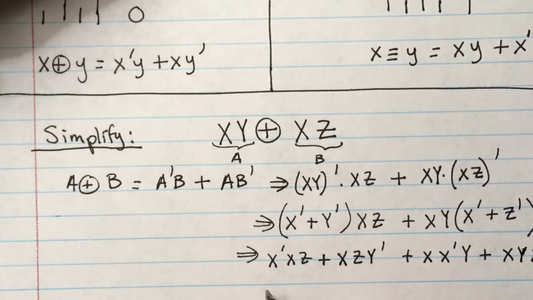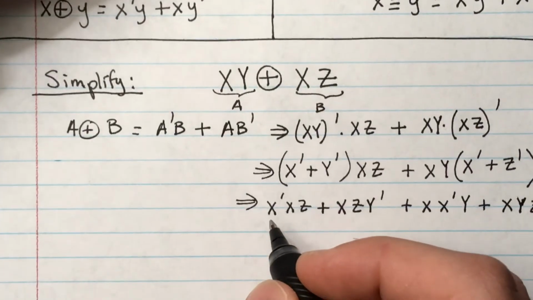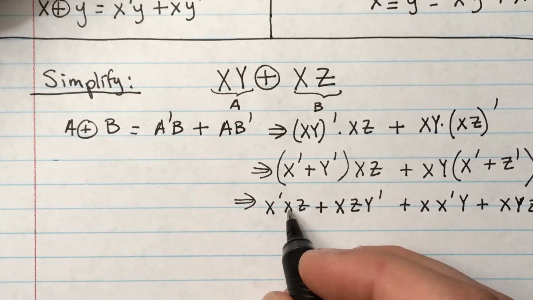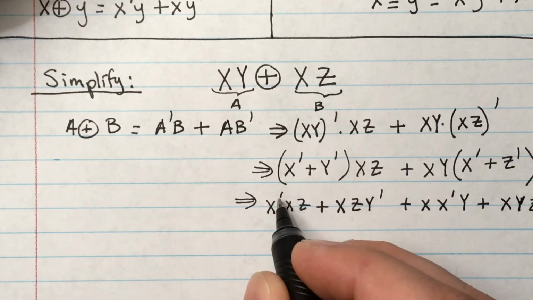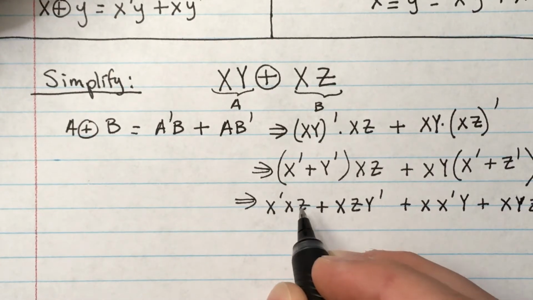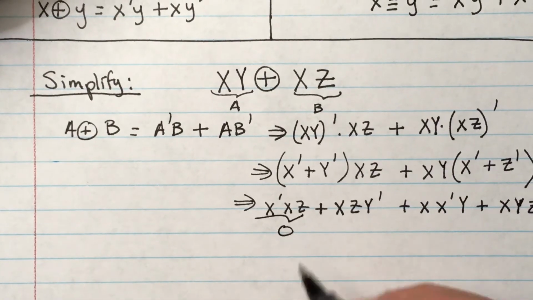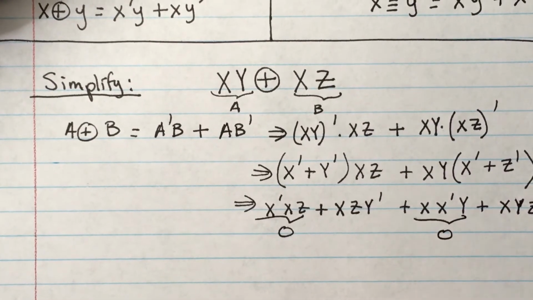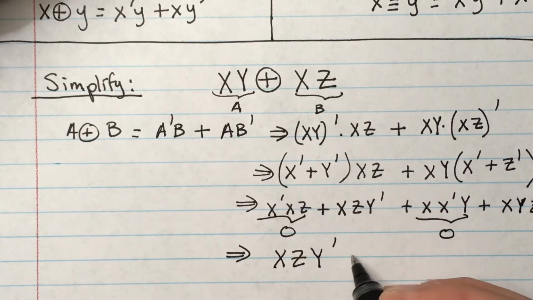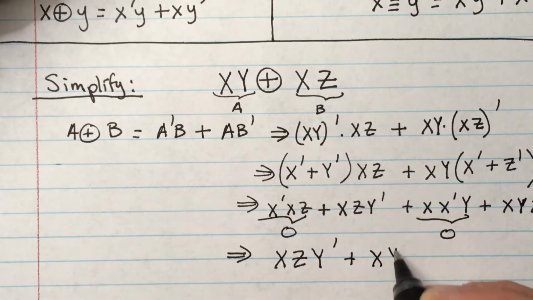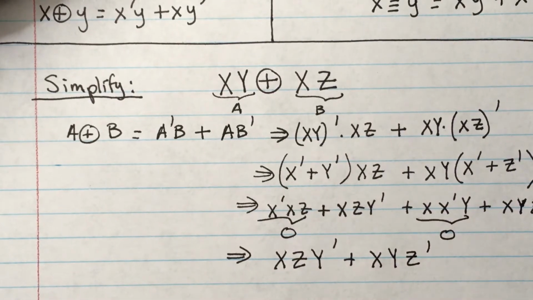All right, so we know from the rules of Boolean algebra, x and x prime is 0, and then 0 and anything, in this case z, is 0. So this is 0. This would then also be 0. And so we're left with x z y prime plus x y z prime.